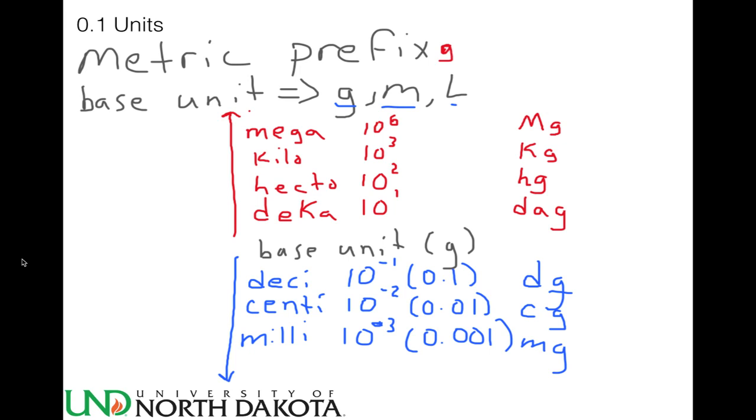Giga is multiplying your base unit by a factor of 1 billion, or 10 to the 9th. And so if you wanted to say a gigagram, you would use capital G and then lowercase g, where capital G represents giga. So remember, I just used gram as an example in all of these abbreviations here. However, you can put any base unit in there with a metric prefix to get a new magnitude for that unit.